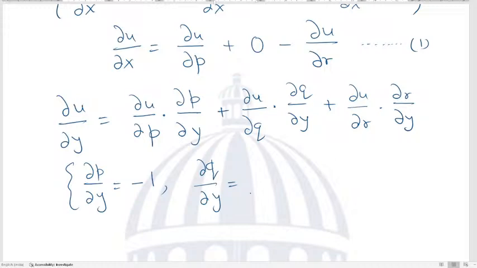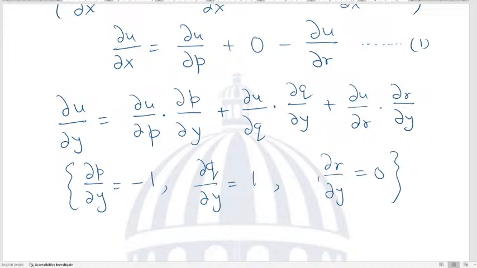So we'll get 1 from y, and z will give us 0 because z is a constant when partial differentiation is done with respect to y. So it will become 1 minus 0, which is 1. And finally, ∂r/∂y, r is equal to z minus x. There is no y at all. The entire thing is a constant, so we'll get a 0 over here.